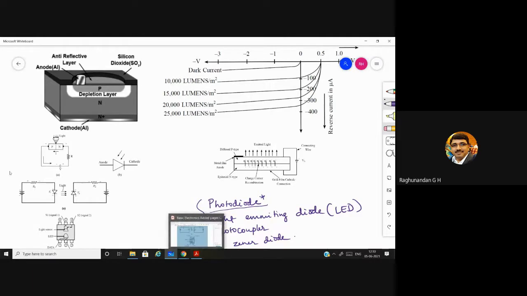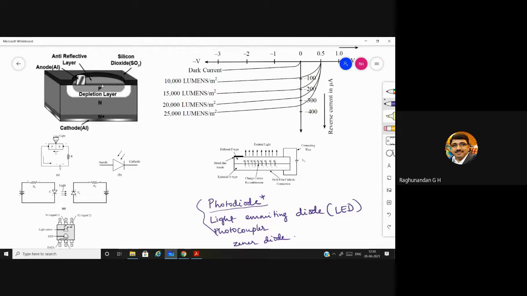The construction of this photodiode has, as you can observe here, a cathode layer which is made up of aluminum. After that we have an N plus layer and an N layer, and we have a P layer.